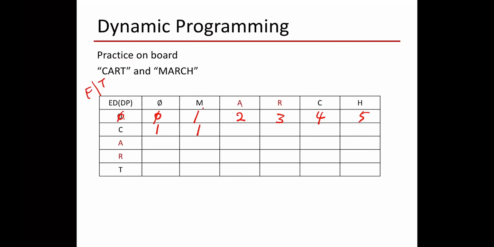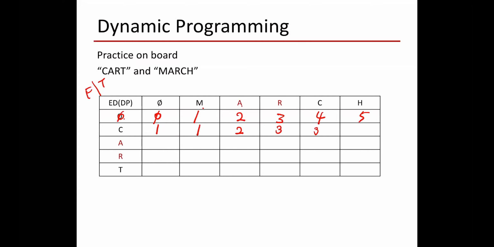I can add M first and replace A with C. Then it should be 2. R doesn't match, so C to MAR is 3. C to C, oh, a matching value, then it should be the same value as the previous one, right? Because it is a match.